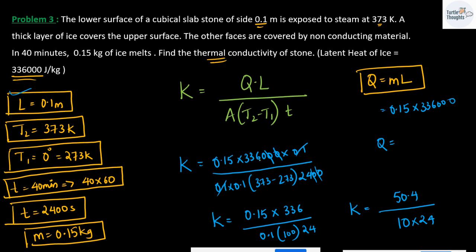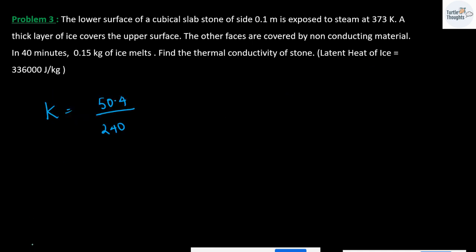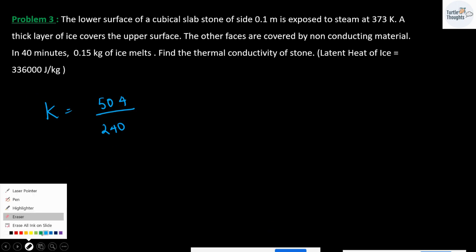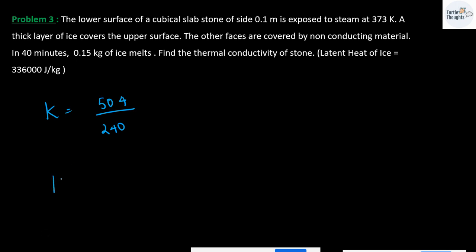Okay, this is 3360. Okay, 10 is there, so this can be taken as 504. This is 504. 504 divided by 240, so around 2.1, right? Approximately k is equal to 2.1.